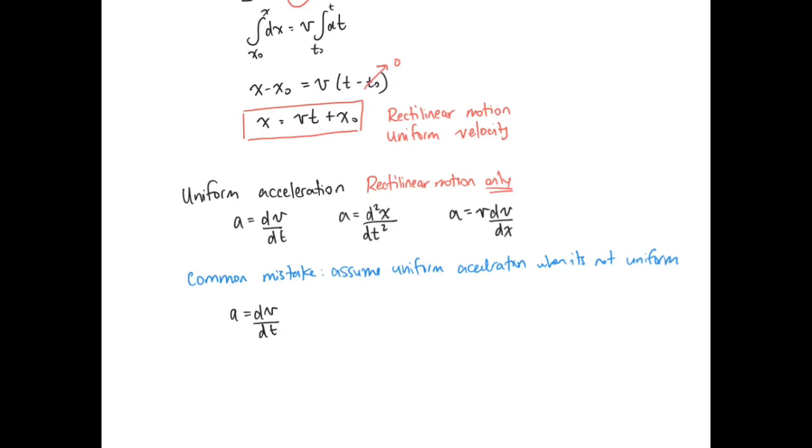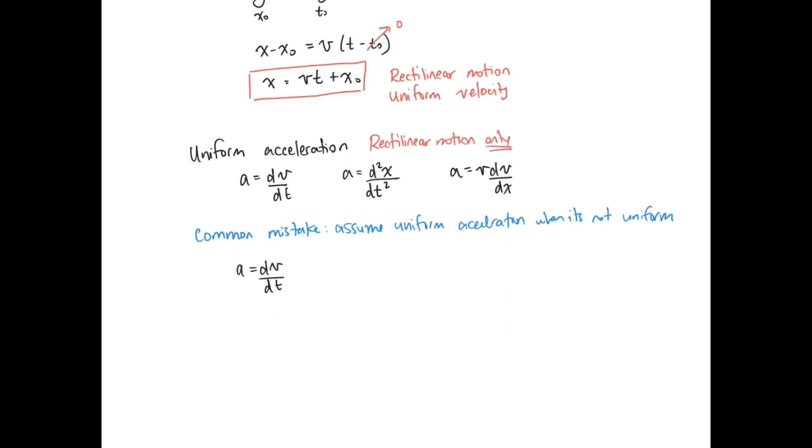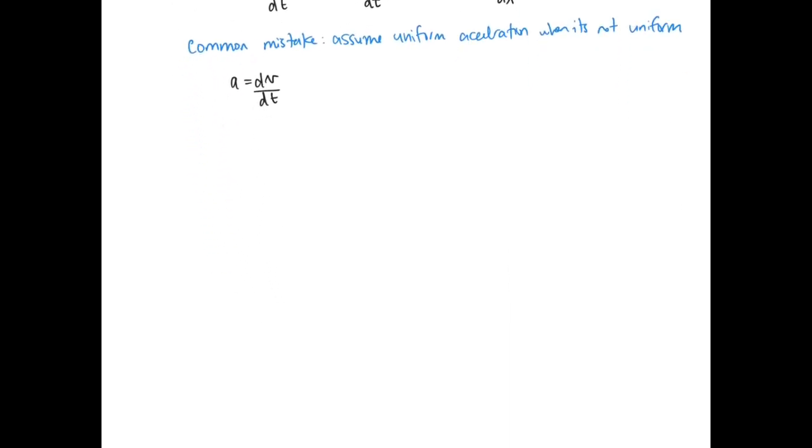So now that you've done that, and I know that you've paused the video and derived this, I'll walk you through it. It's exactly the same process as before. We bring our dt up. So now we have a dt is equal to dv. But because our acceleration is not changing, we can leave it outside of the integral.